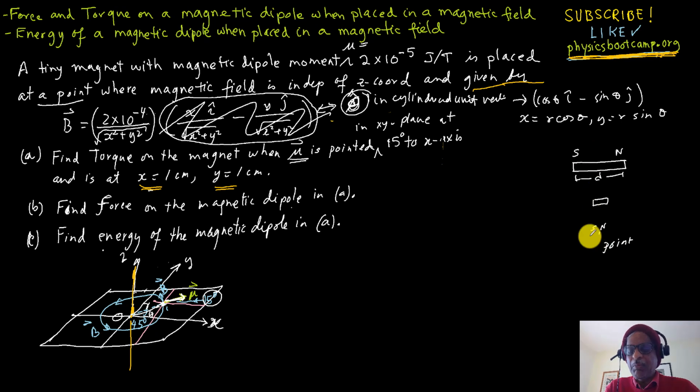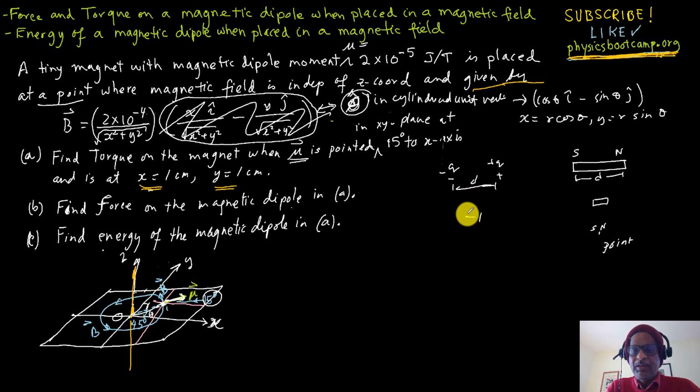So there is a property that you can assign, by analogy with electric charges: you have a minus and plus charge with distance d, minus q, plus q, and distance d.